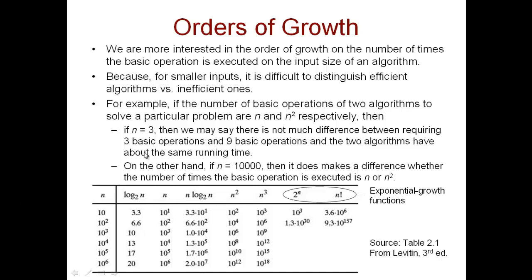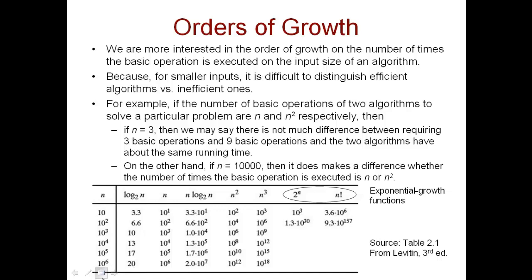In this chart, I indicate the different functions in increasing order of their value. For example, if you have n values as 10, 10 square, 10 cube up to say 1 million, then log n is these numbers. We can see the log n values are much smaller than n.